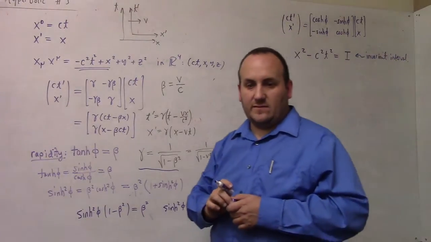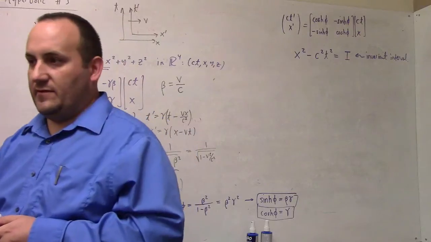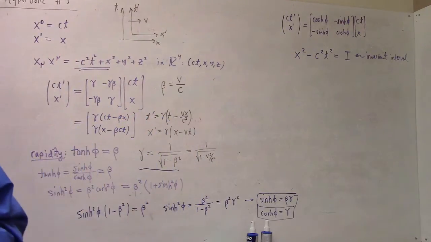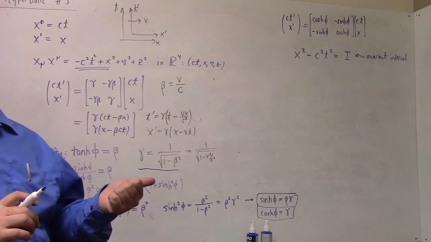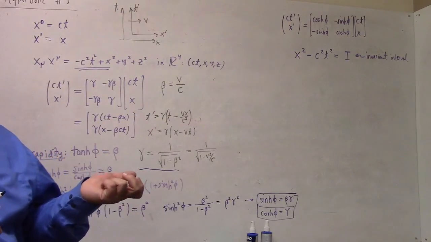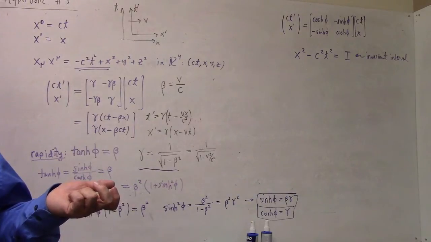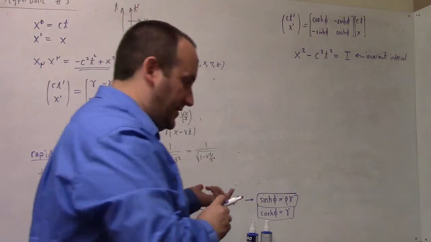If an event is measured in two different inertial frames of reference, it has to have the same invariant interval.